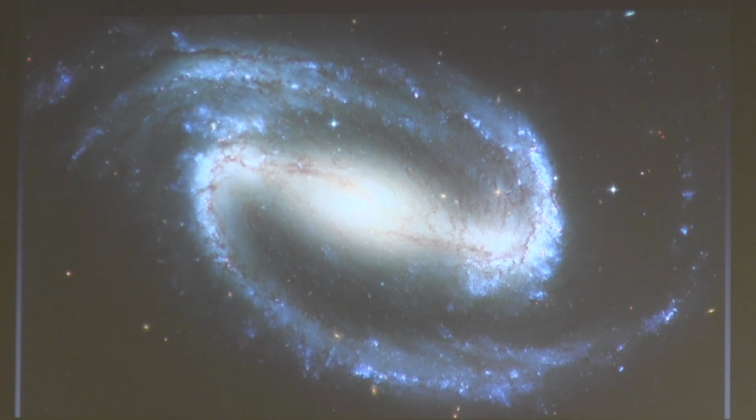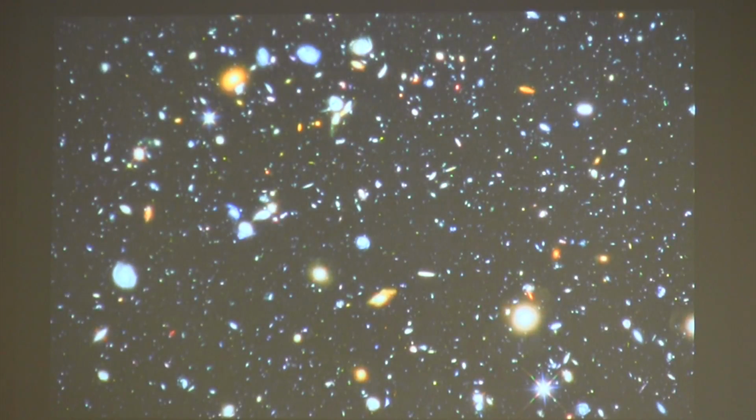Going out much farther in the universe, this actually ends up being one of the most significant images that Hubble's made. It's called the Ultra Deep Field or Extreme Deep Field, depending on who you talk to. It's a patch of sky that Hubble looked at repeatedly over many years. Cumulatively, it's several weeks' worth of data, but it's not observed continuously.